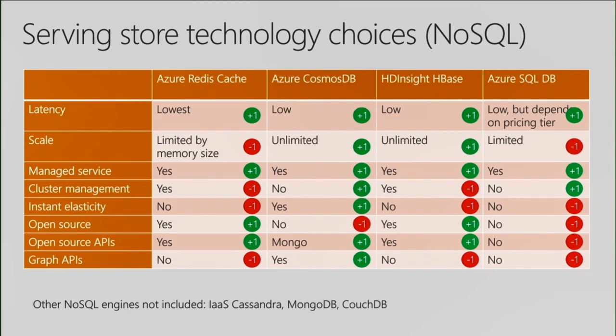But if you exclude scale as a factor from the equation, and this is actually the case in many streaming scenarios, if results of your streaming processing are limited to just a set of your customers, and you have just millions of customers, and you just need to compute some statistics or parameters for every one of the customers, how do you serve results of a table of millions of customers? Well, SQL Server here is a very solid choice, and we see many customers use SQL Server in the scenarios where the scale of the SQL Server is sufficient.